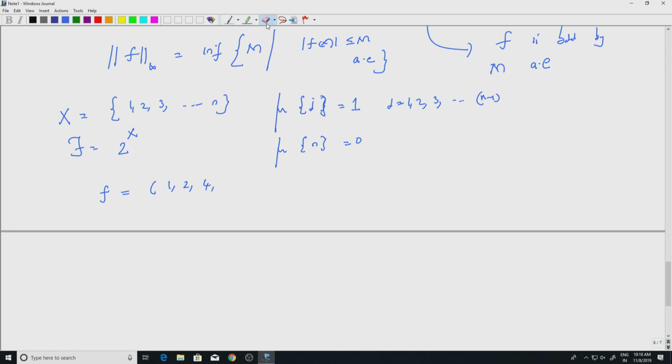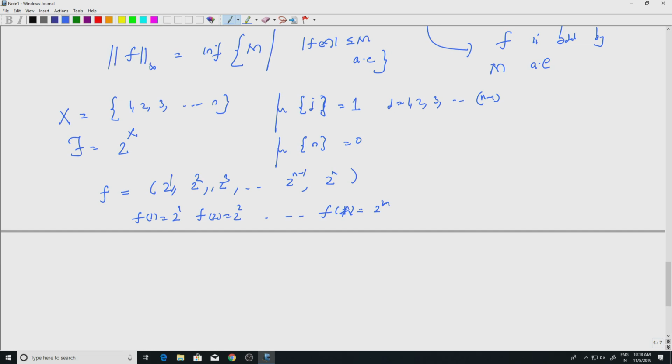I will take 2 to the 1, 2 to the 2, 2 to the 3, etc., up to 2 to the n minus 1, 2 to the n. What does this mean? This means that f of 1 equal to 2 to the 1, f of 2 equal to 2 to the 2, etc. This is my function, f of n equal to 2 to the n.